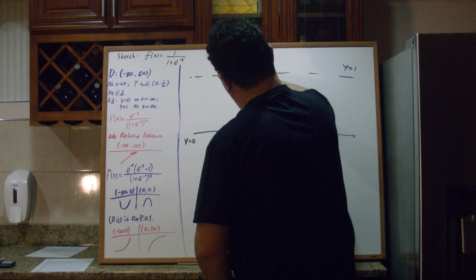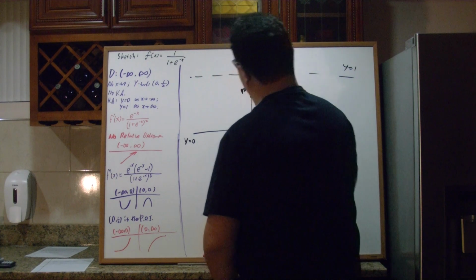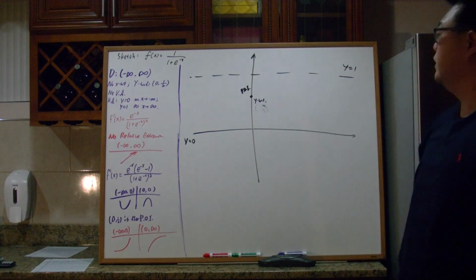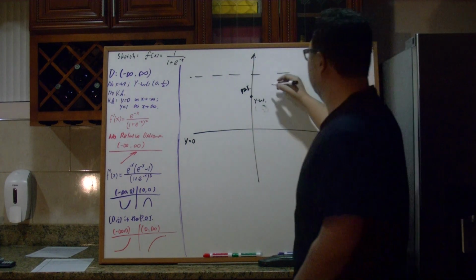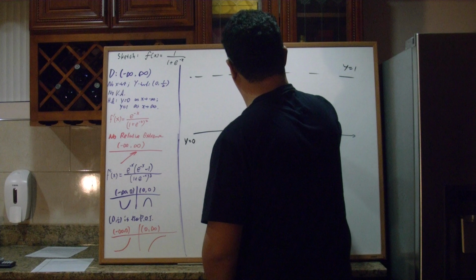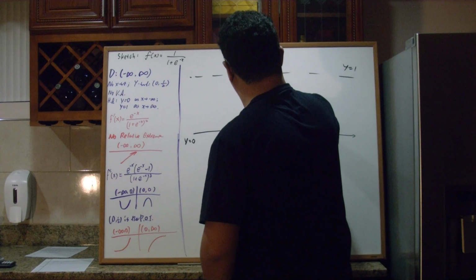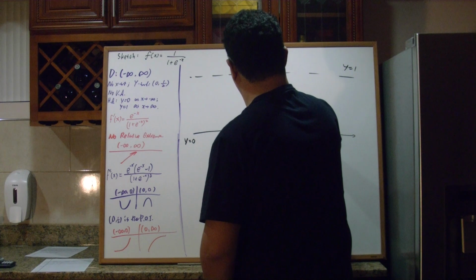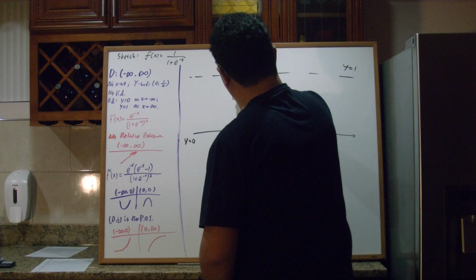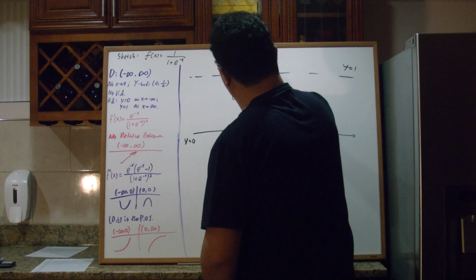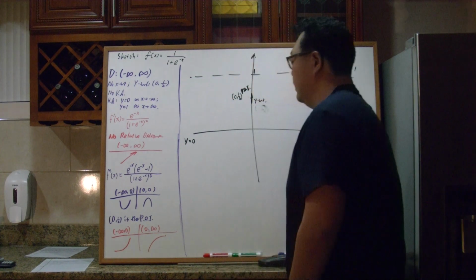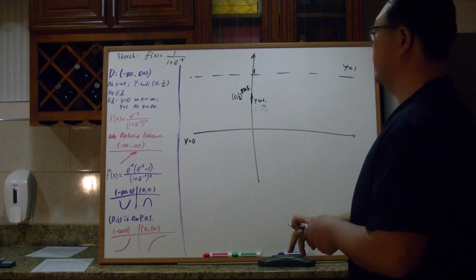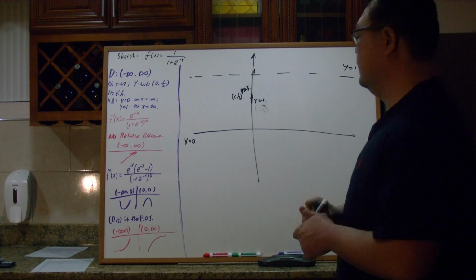That is 1 here, and 1/2 is in the middle. (0, 1/2) is this point. Then nothing else. That is the only thing we have.